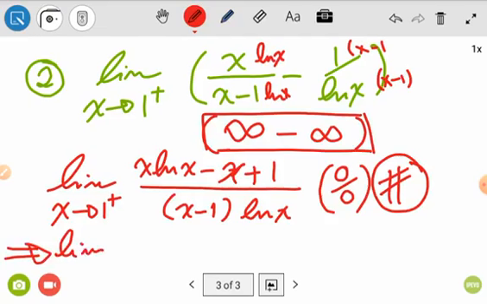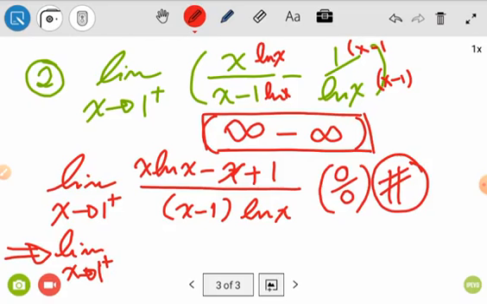The limit as x approaches 1 from the right side of the derivative. What's the derivative of the numerator? The derivative of x ln x. We should follow the product rule, which is the first times the derivative of the second plus the second times the derivative of the first.